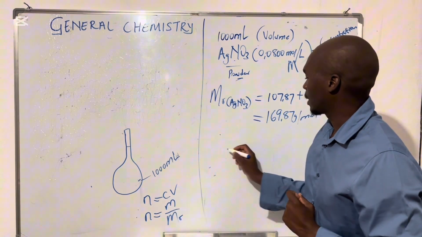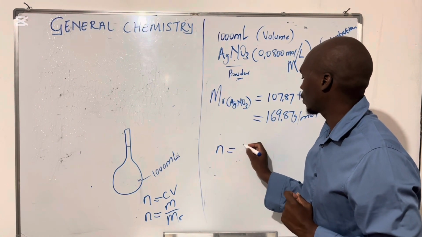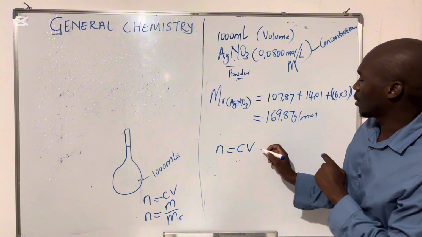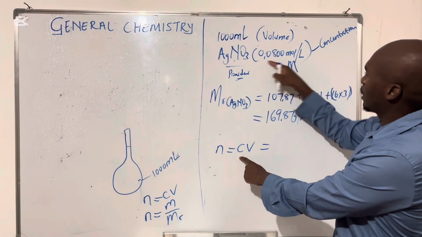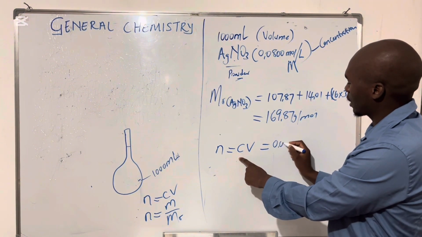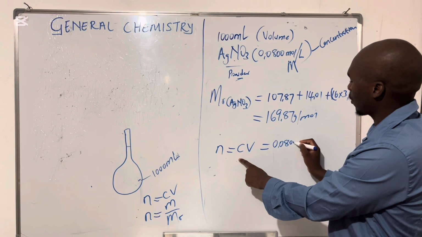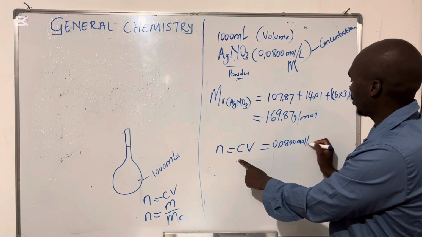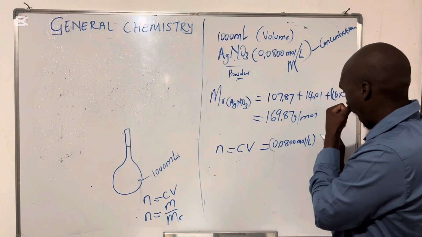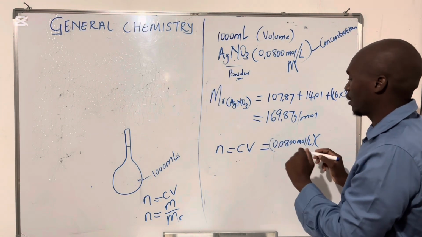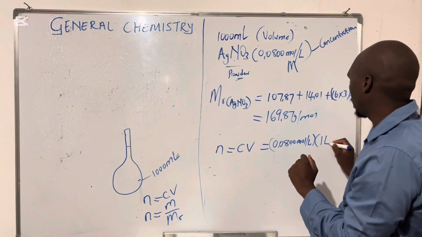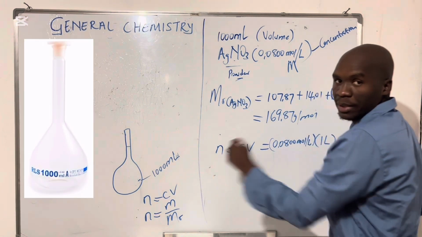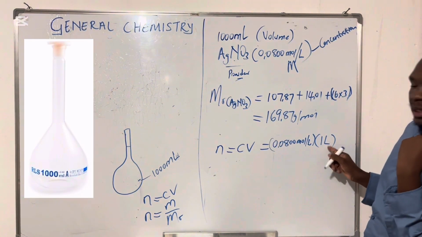Let's do this first. Number of moles is equal to CV. What is the concentration? It's 0.0800 mole per liter, multiplied by the volume. The volume is going to be 1 liter because it's 1000 mL.